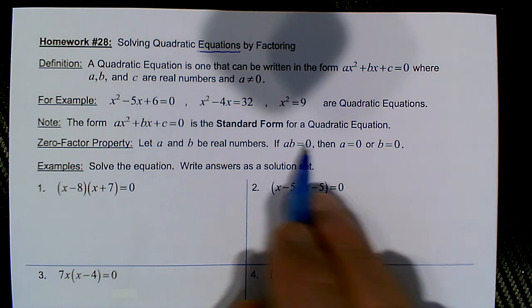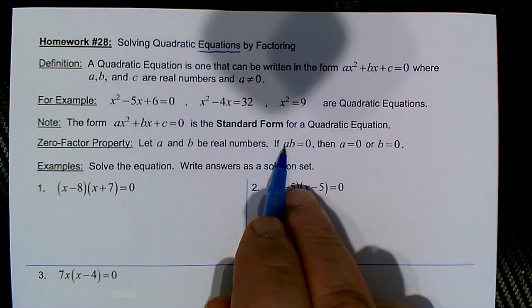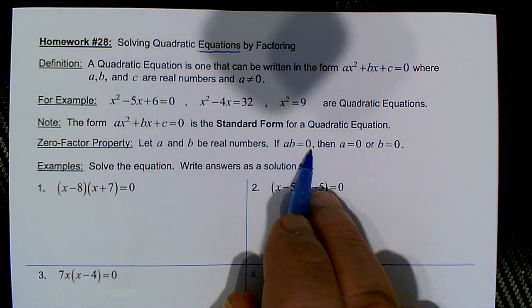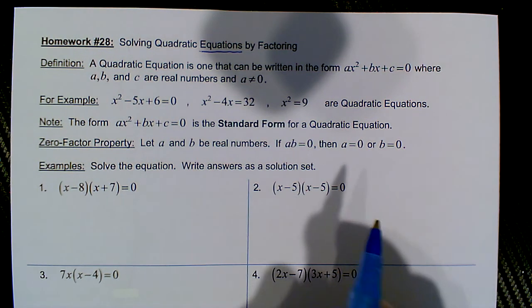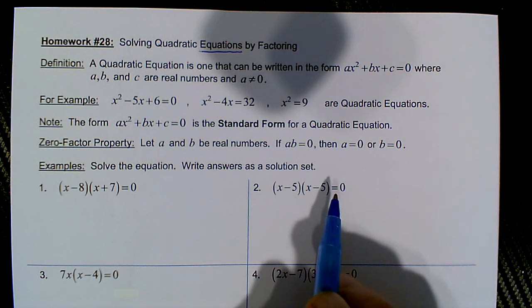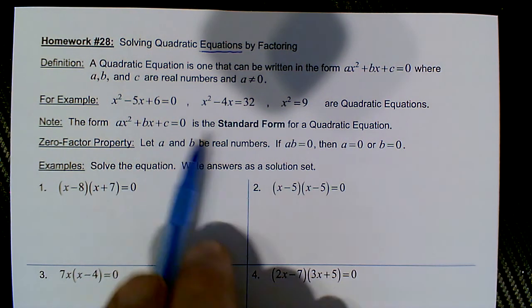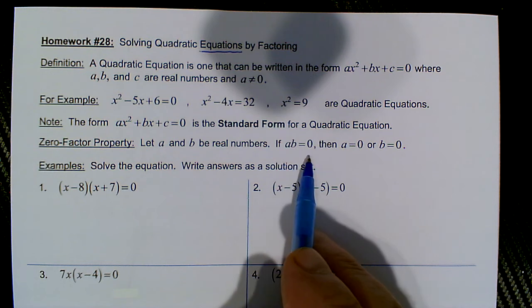Or if b is 0, then no matter what a is, a times 0 is going to be 0. So the important thing, once again, is to make sure that it's written in standard form and we have a product that's equal to 0.